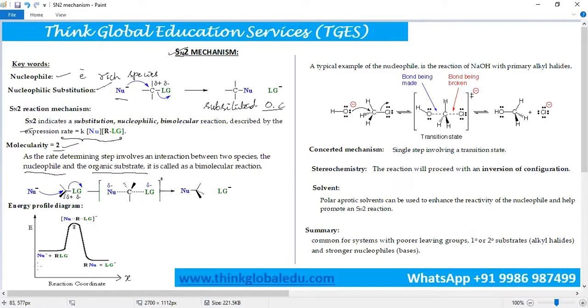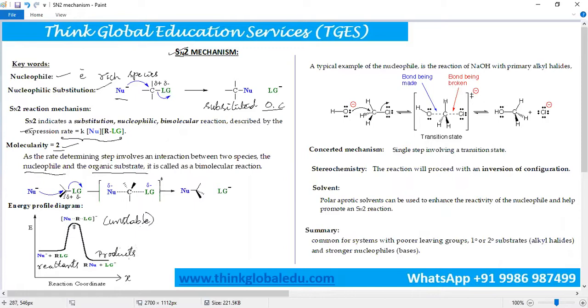Reactants are in a higher energy state, whereas the transition state is at the highest energy level, which is highly unstable. The energy profile diagram accounts for the instability of the transition state and the products at the lower energy level.